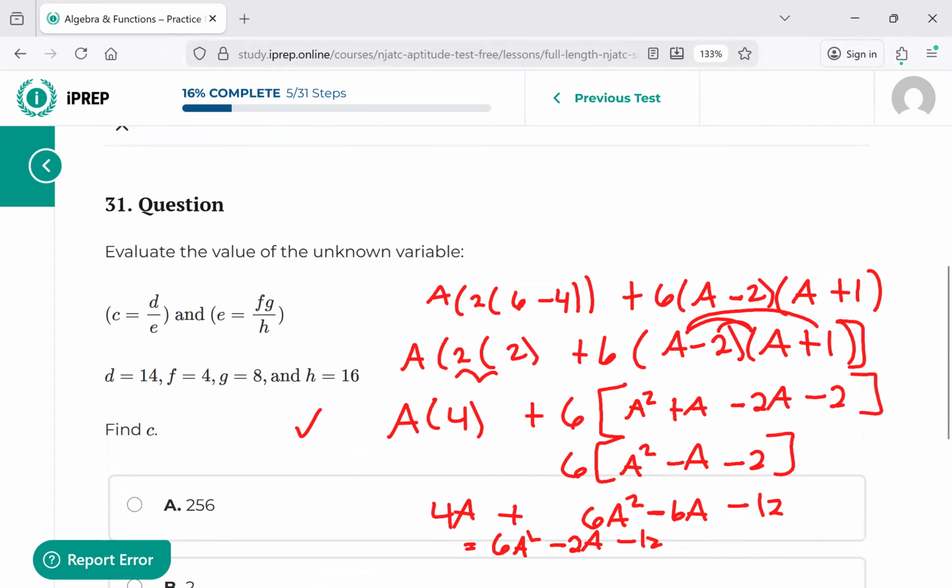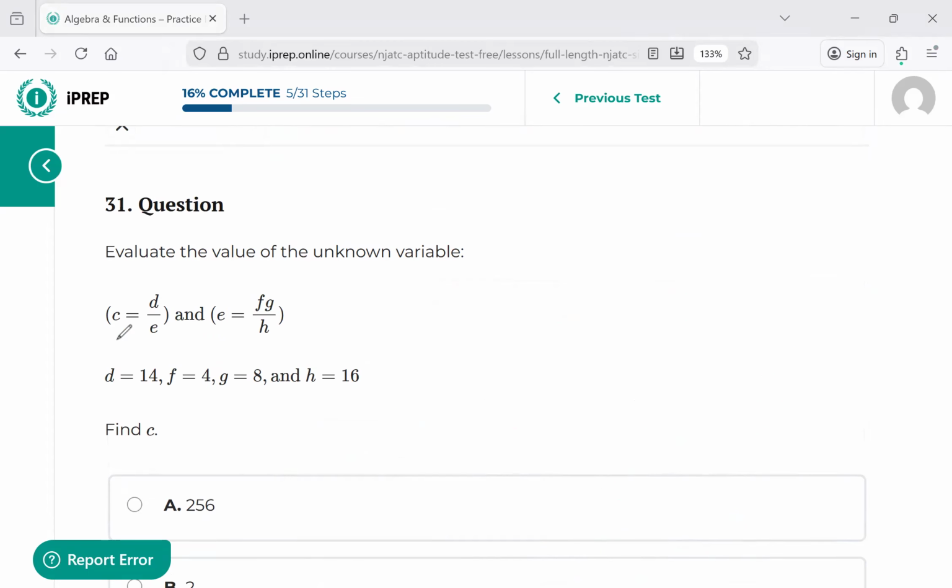Almost done. So we have C equals D over E and E equals FG over H. And if D equals 14, F is 4, G is 8, and H is 16, find C. So just plug it in very carefully.